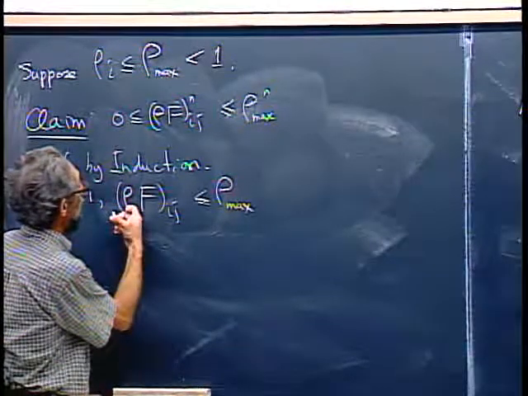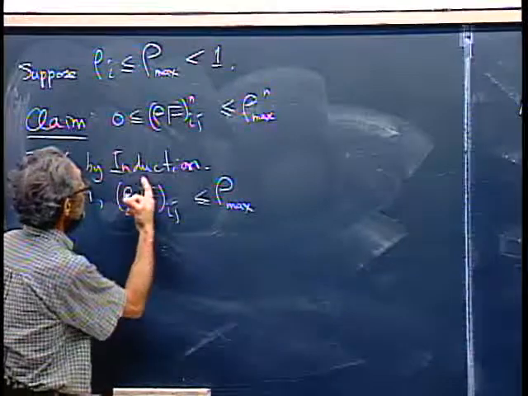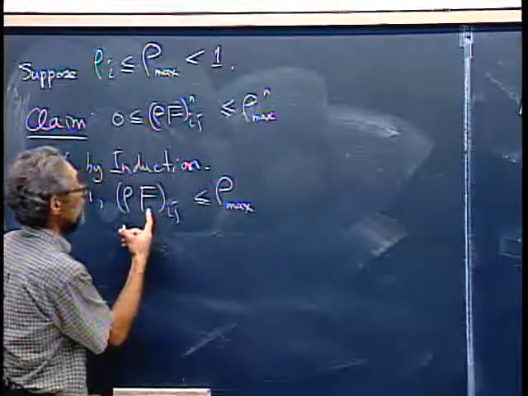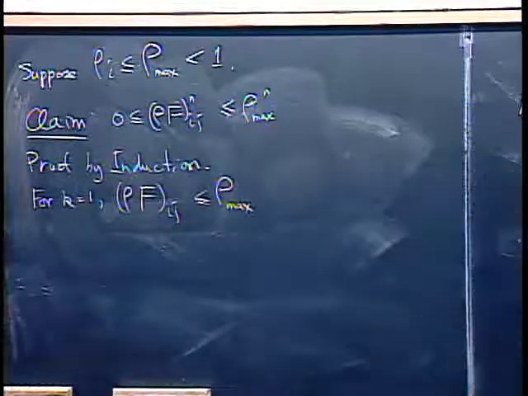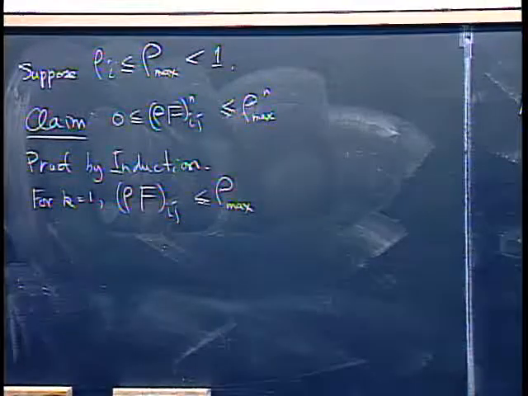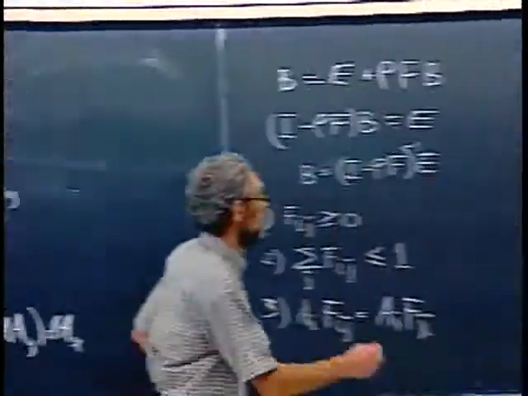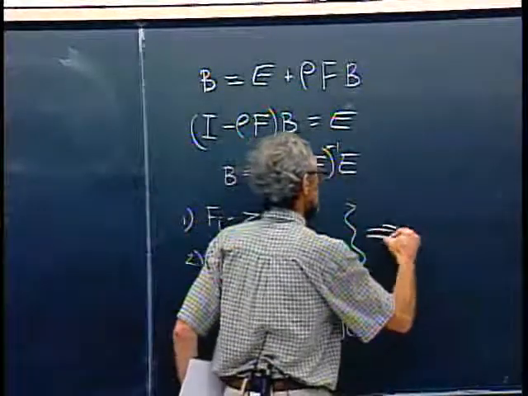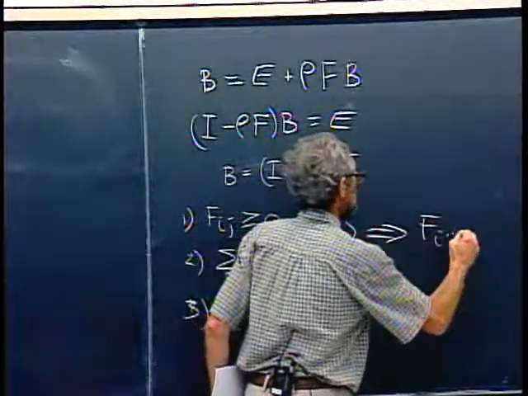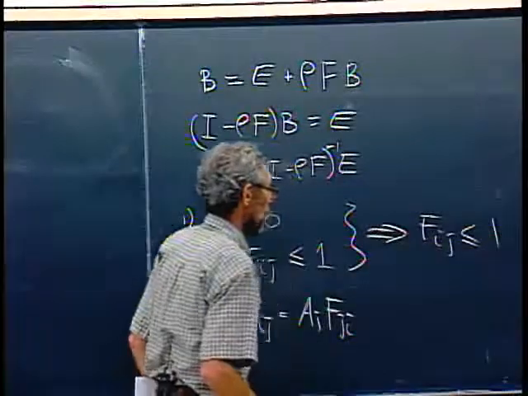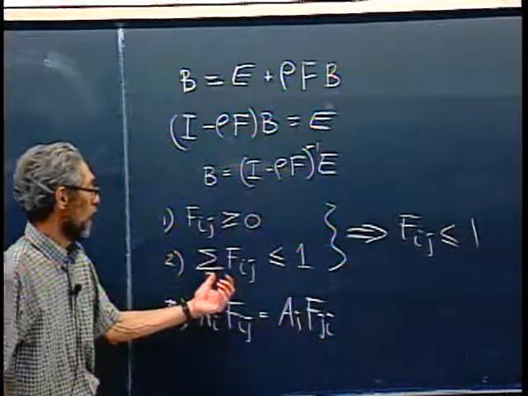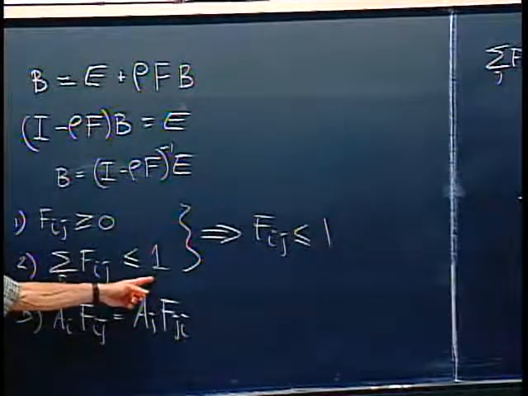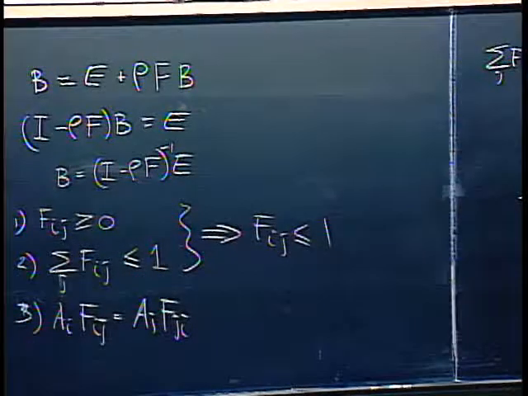So these things are less than or equal to 1. That's a consequence of being non-negative and adding up to 1. So these two things imply each Fij is less than or equal to 1, because if it was bigger than 1 and you added more non-negative things to it, you couldn't get something less than or equal to 1.